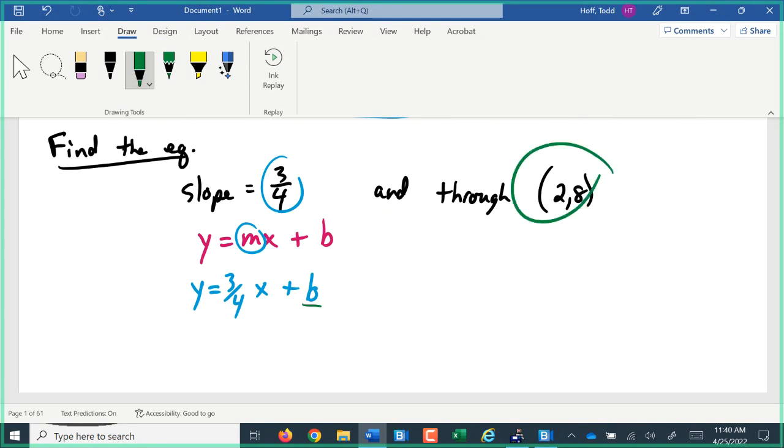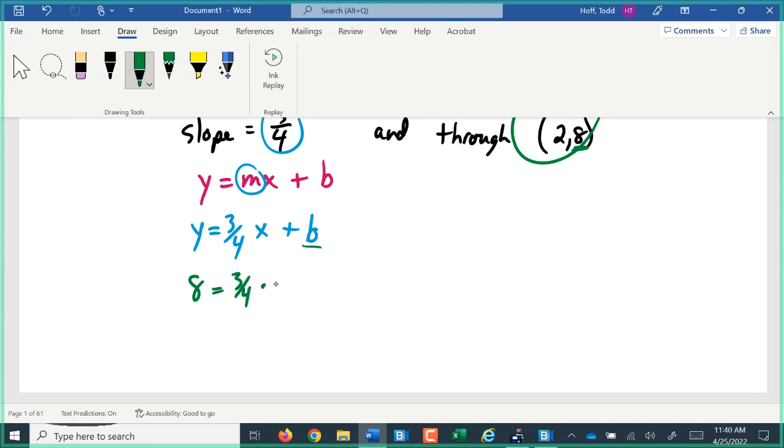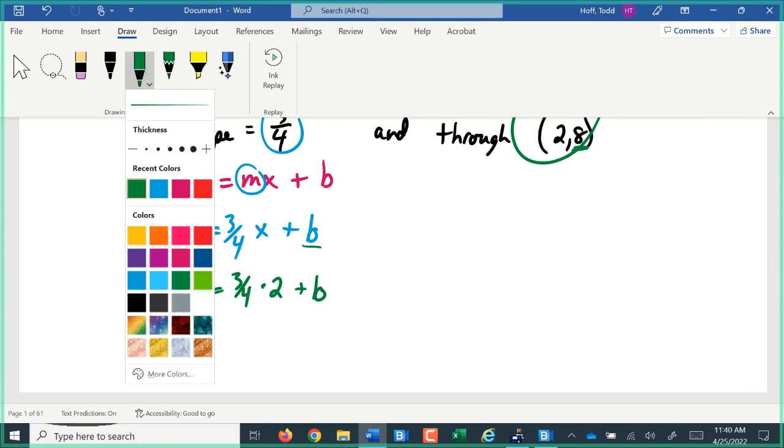And that's where we used that point. It goes through the point 2, 8, so that means y is 8. That is the y-coordinate when x is 2. So 8 equals 3/4. Instead of times x, we put in the 2. And now the only variable here is the b, the missing y-intercept. And we solved it for that.